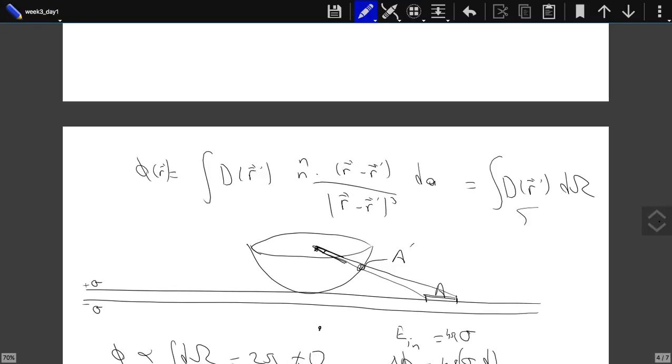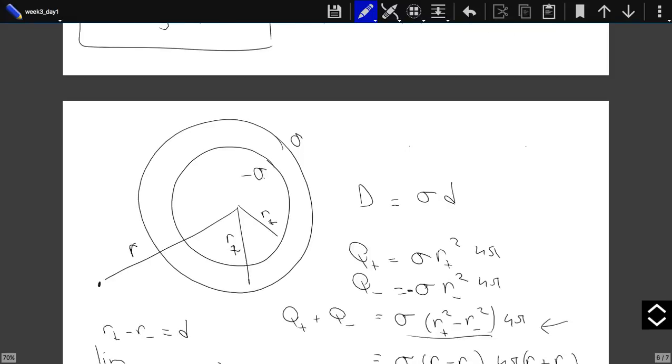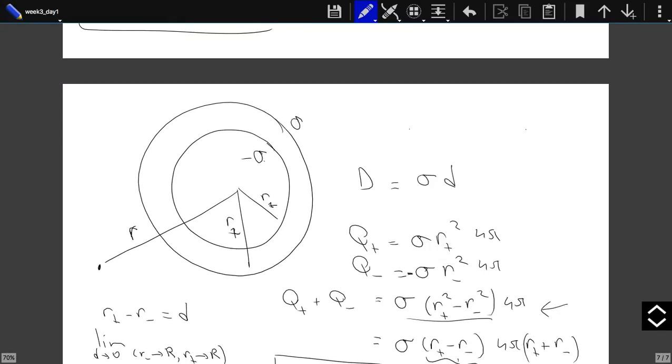If there are additional charges which do not form your dipole layer, in that case, you will, of course, add it to this one. Now, what does it correspond to? Let's say in this case over here, you see the dipole, this is not a dipole layer, in the sense that the outer area and the lower area are different.